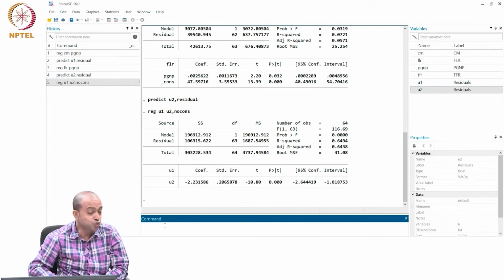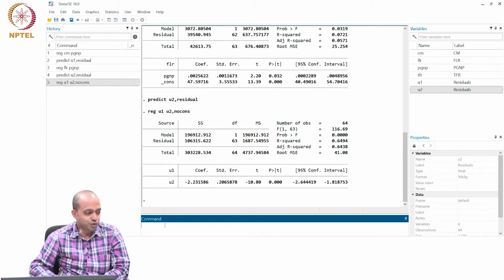Since U2 hat is basically the purified value of FLR and U1 is the purified value of child mortality rate, the interpretation of this would be when FLR increases by 1 unit, then child mortality rate decreases by 2.231 unit.